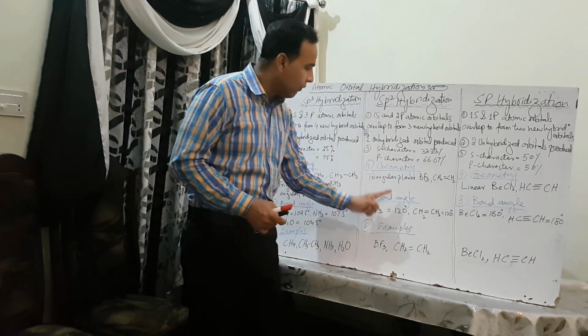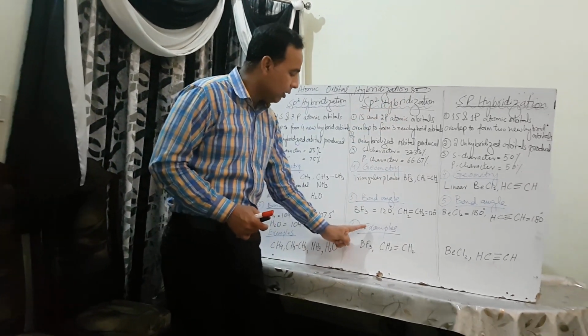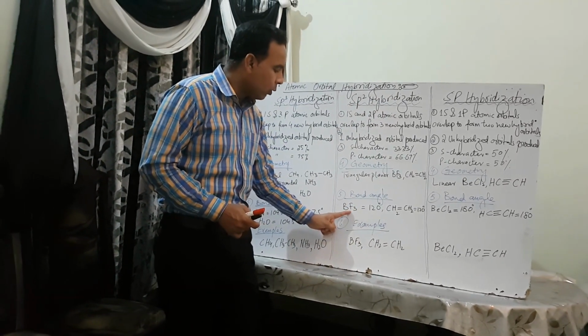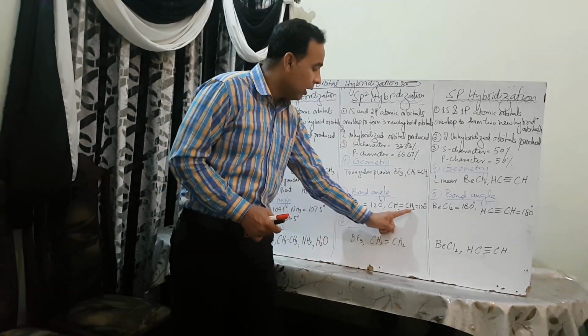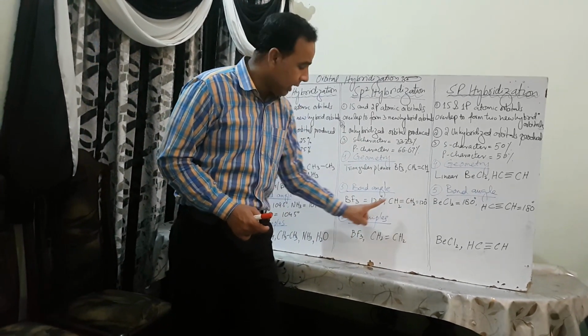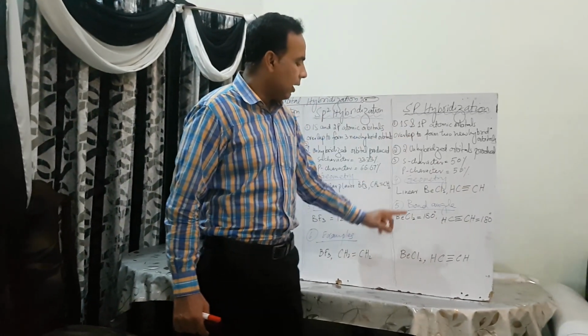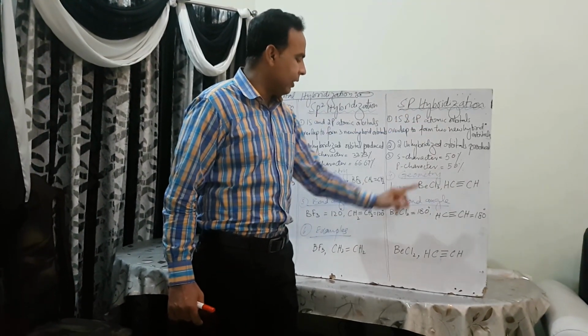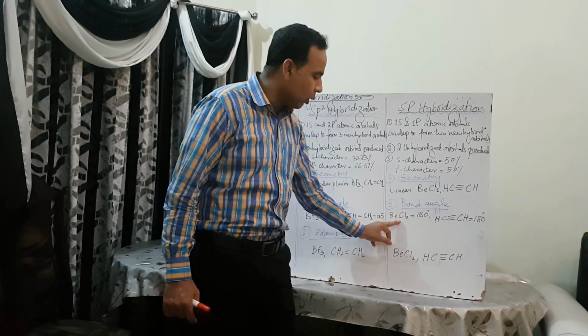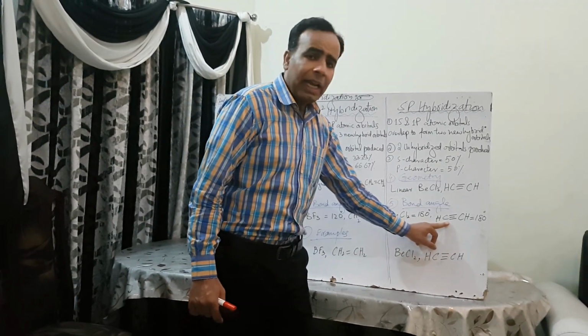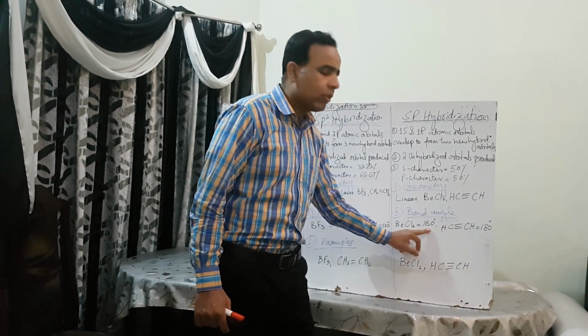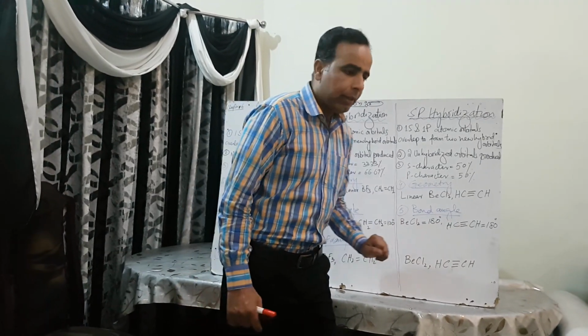In sp2 hybridization, the bond angle of boron trifluoride and ethene is 120. In sp hybridization, the bond angle of beryllium chloride or acetylene gas is 180 degrees.